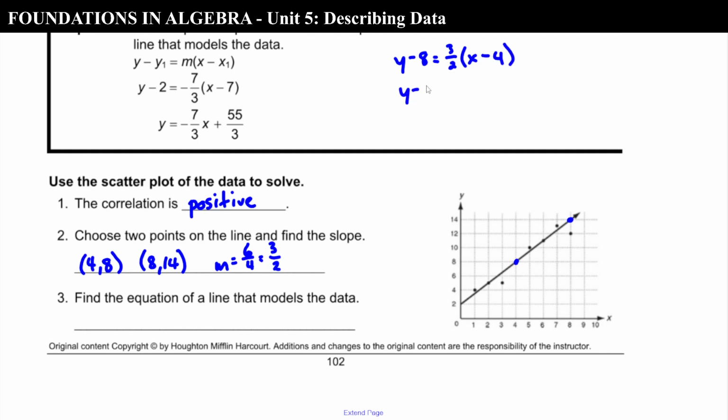So we have y minus 8 equals 3/2 x minus, 3 times 4 is 12, divided by 2 is 6. And then we add 8 to each side. So you have y equals 3/2 x plus 2. So that is the equation of our line. y equals 3/2 x plus 2.